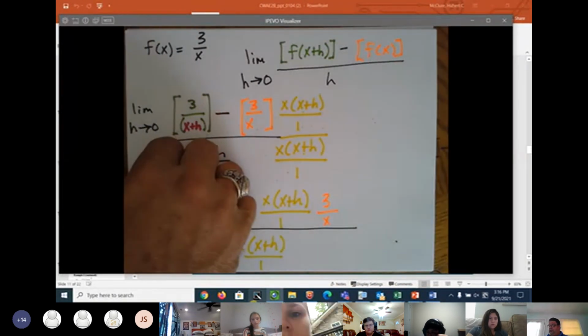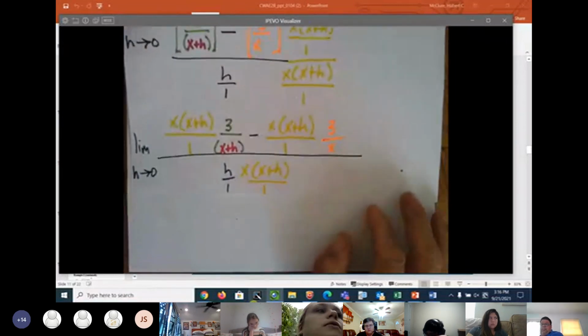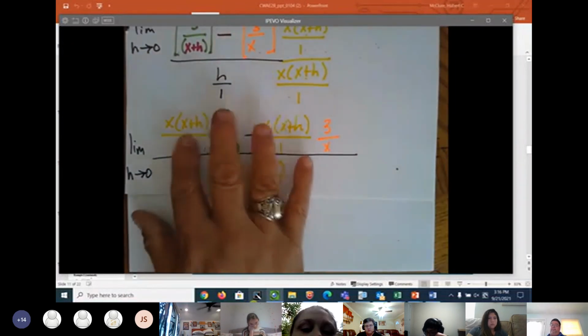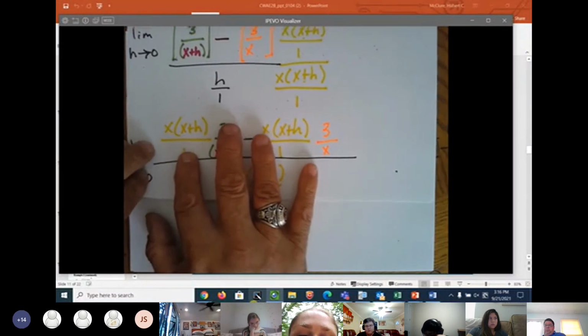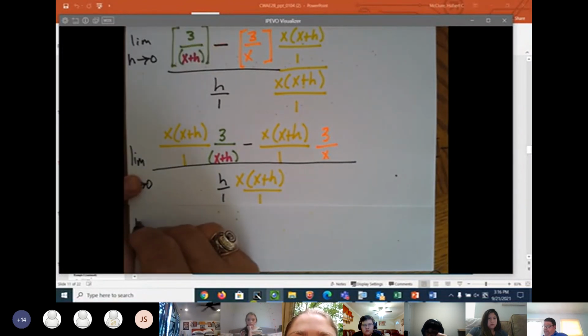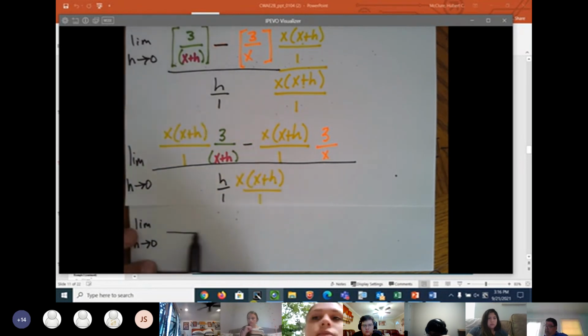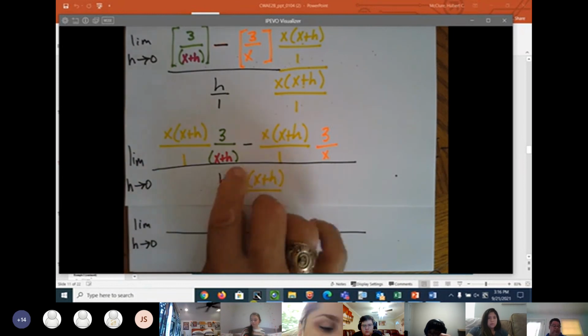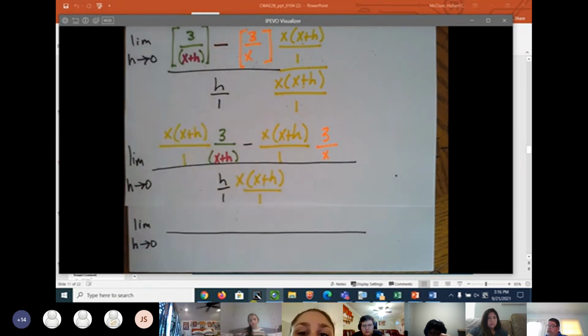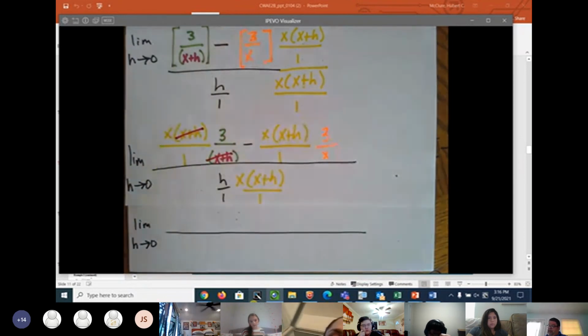And I'm going to just move that up a little bit. And that's going to be the limit as h approaches 0 of, well, what happens here, take our red marker, and that's going to cancel out with that and leave 3x. So I'm going to get a 3x right here.